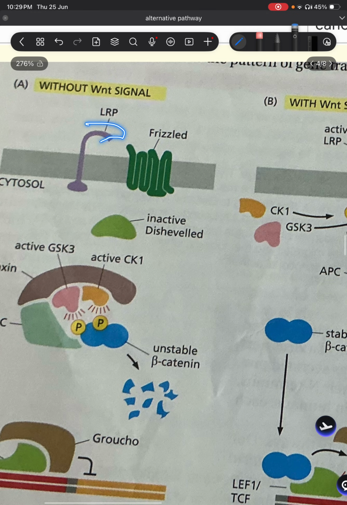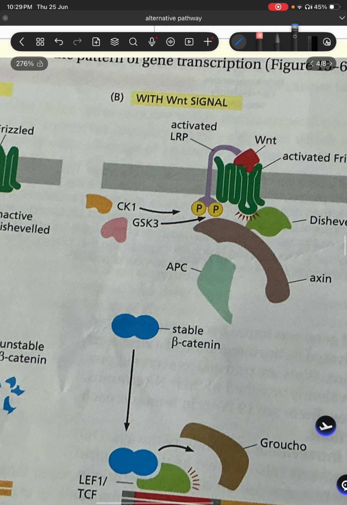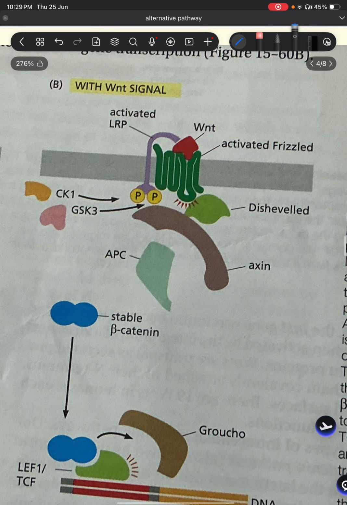You can see that there are two receptors. One is the LRP receptor, the other is the Frizzled receptor. What will happen in the presence of Wnt? It will come, bind and activate Frizzled. Then LRP is also recruited. This activated Frizzled will recruit Dishevelled towards its side, right?